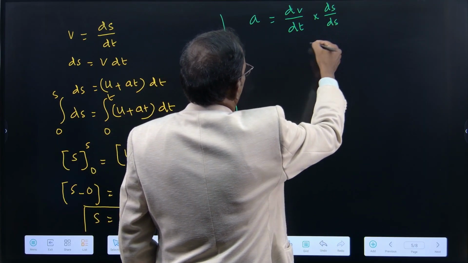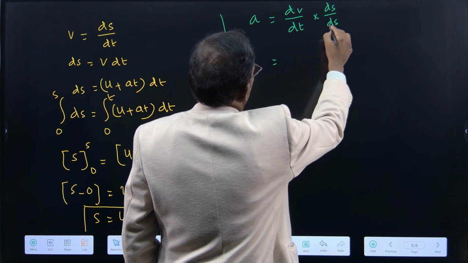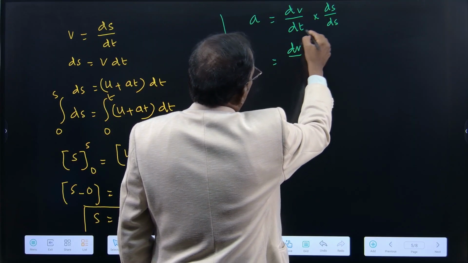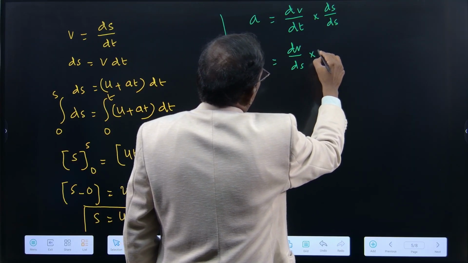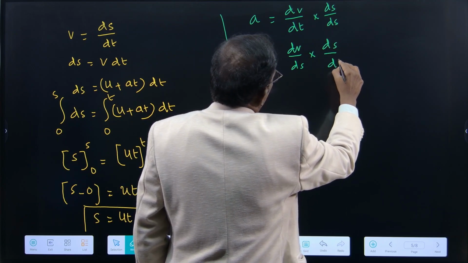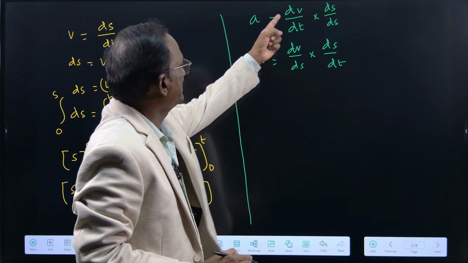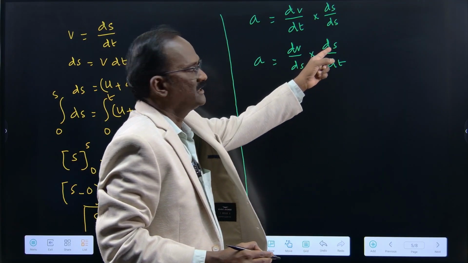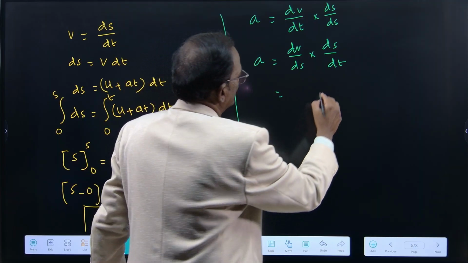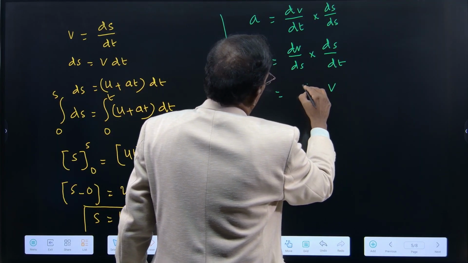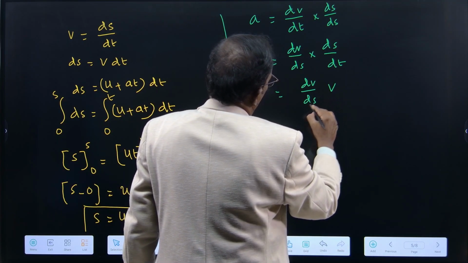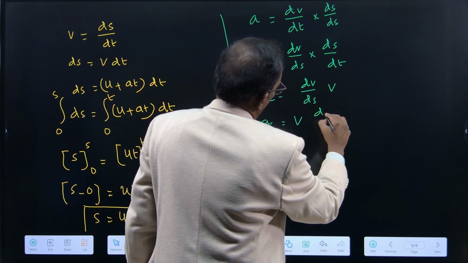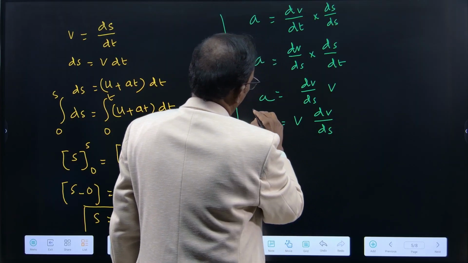Then we will interchange the denominator parts: dv by ds multiplied by ds by dt. ds by dt, change in displacement over change in time, we know this is v. So a is equal to v times dv by ds.